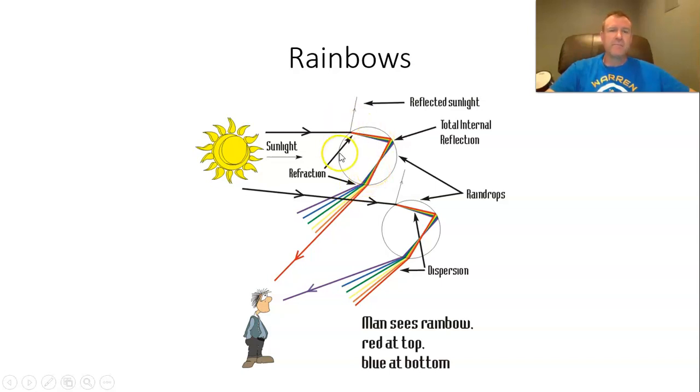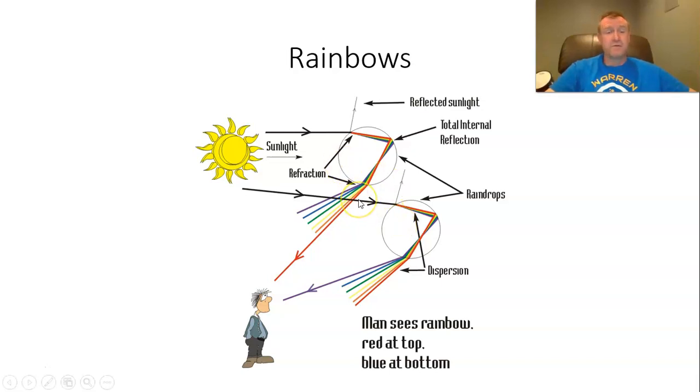That's it. And there's going to be a bunch of droplets in this area that he's going to see red from. And then this droplet down here, the only color he sees from it is the violet. These others are going to go below his line of sight. And then you'll have all these millions and millions of droplets in between, giving you all that ROY G. BIV. So that's how you see the complete rainbow.